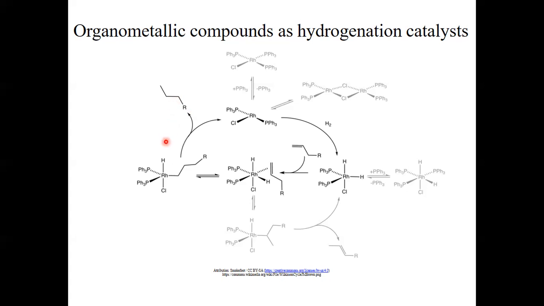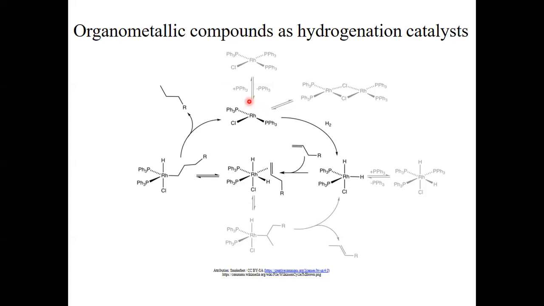All right. So we eliminate basically this hydride group and this alkyl group to make the alkane in reductive elimination, and then our catalyst is actually being reformed.